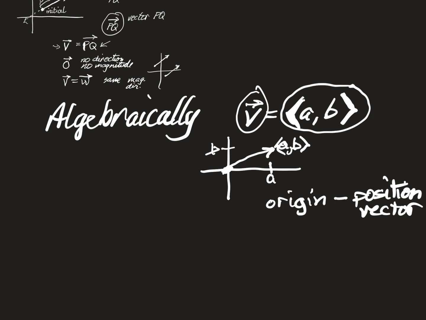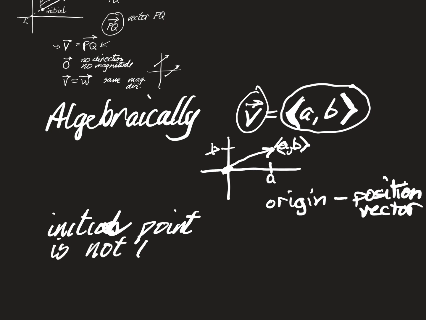Now, if you have a vector whose initial point is not the origin, and so we've drawn several vectors earlier, but you can have a vector that looks like this. Its initial point is not the origin.